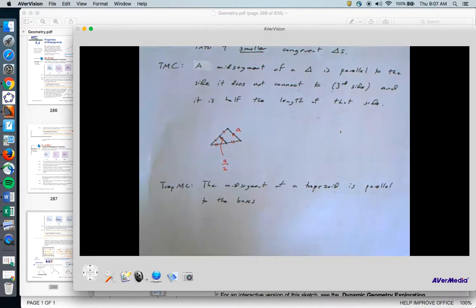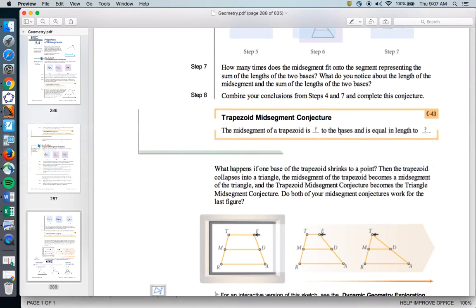Remember, in a trapezoid, the bases are going to be parallel. So if we construct this midsegment, it's going to be parallel to them also. The equal length is a little bit trickier. This midsegment is longer than one base, but it's shorter than this other base. And what it's equal to is actually the average of these two bases.